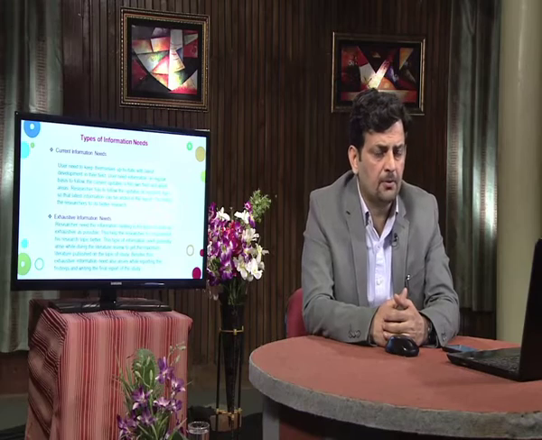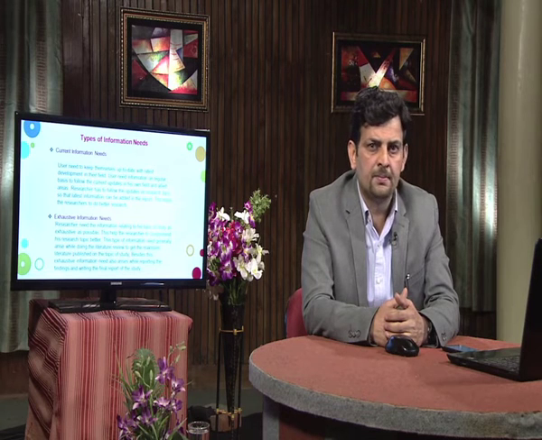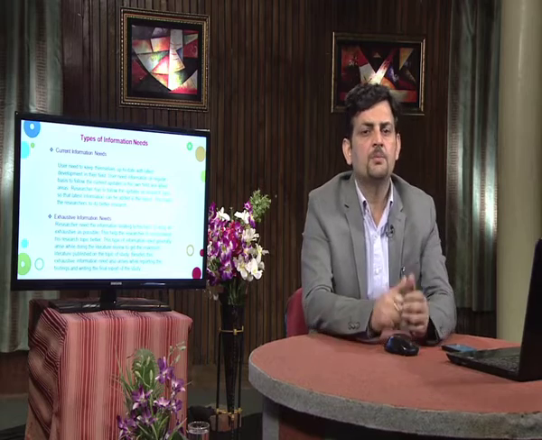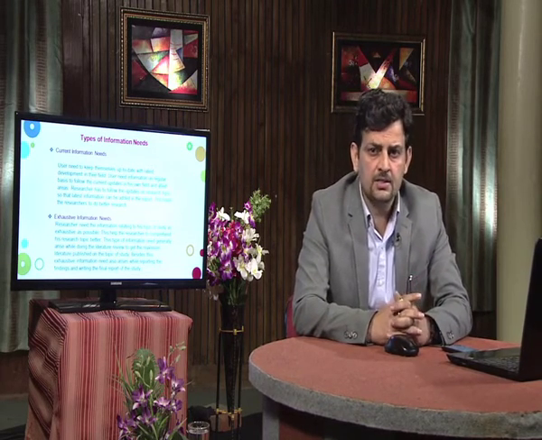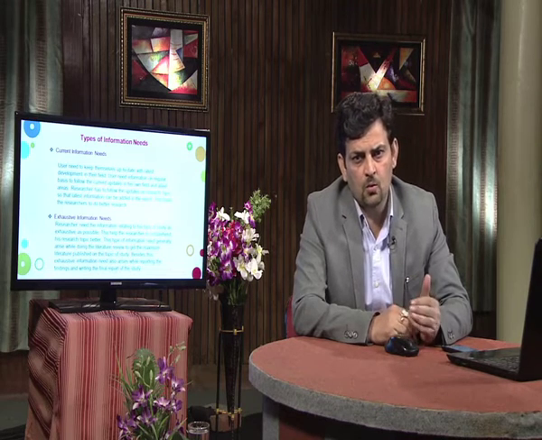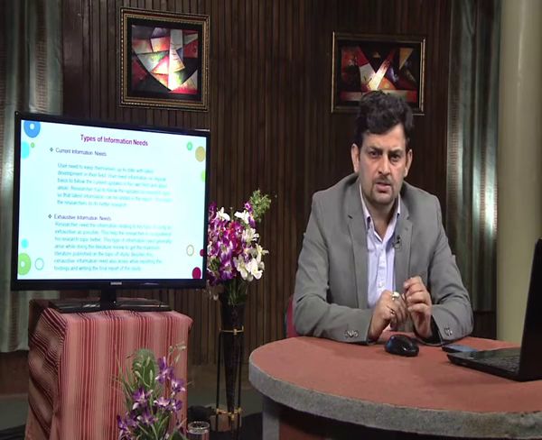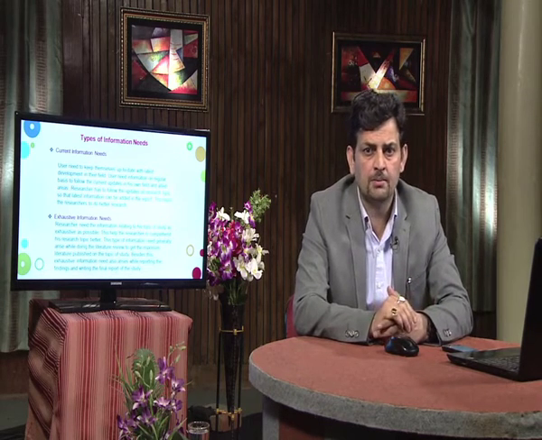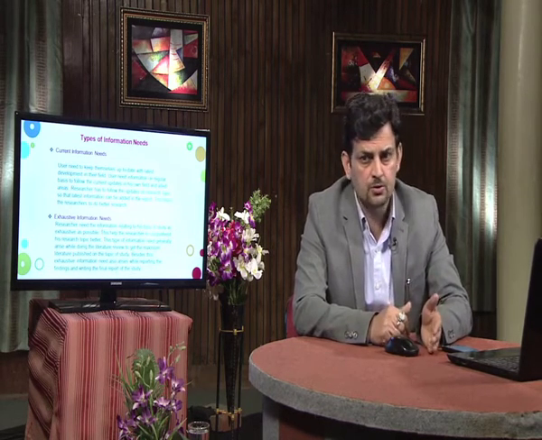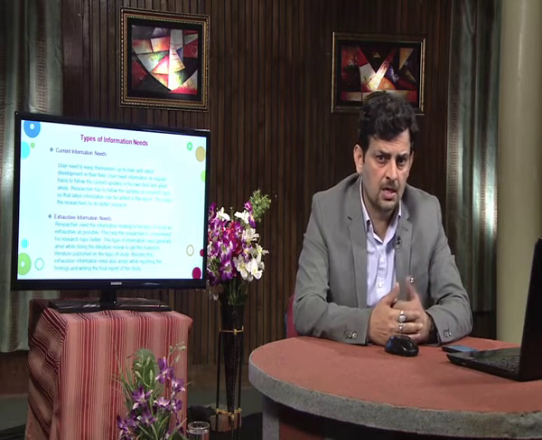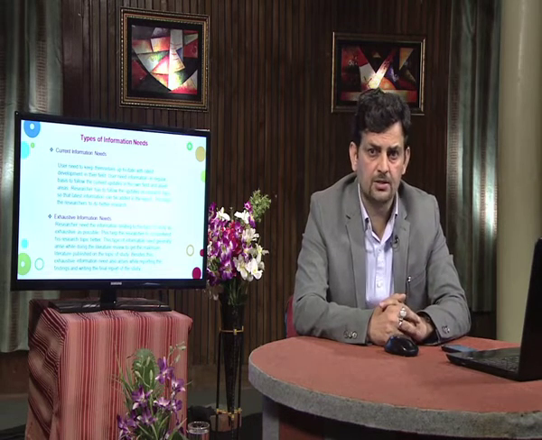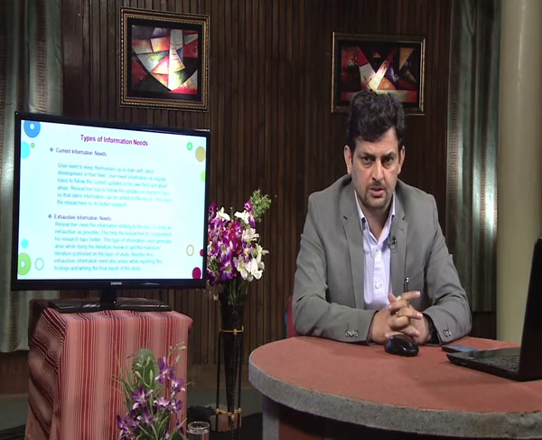Besides that, another type of information need is exhaustive information needs. So, sometimes researchers have to initiate their studies. While initiating their studies, they need to understand what previous studies have been done in that area. Therefore, they search various databases on the web, they also consult various primary sources, various secondary sources in the form of encyclopedias, dictionaries, directories, and they also consult various tertiary sources.